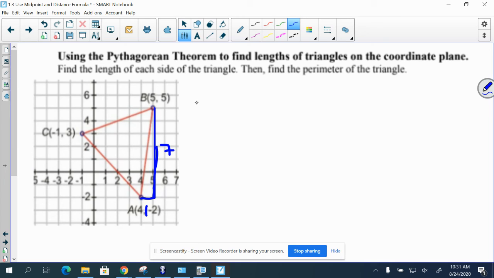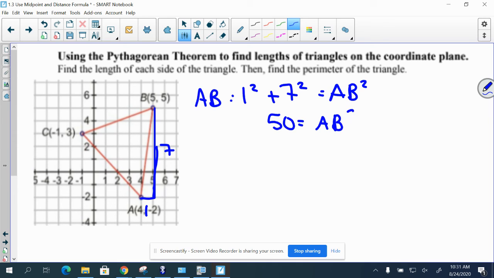So for segment AB, you would do a squared plus b squared equals c squared. So 1 squared plus 7 squared equals AB squared. And then simplify. 1 squared plus 7 squared, which is 49, is 50. And then you would take the square root of each side.